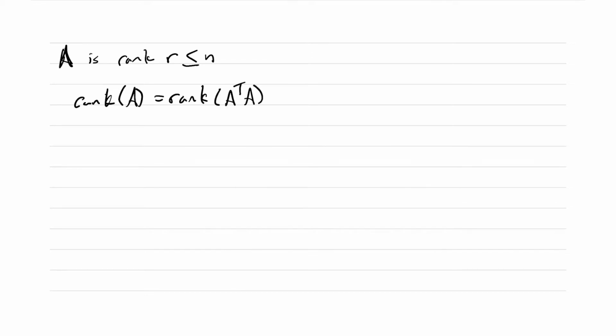First of all, we're going to say that A has rank r, which is less than or equal to n, and you can see that the rank of A is the same as the rank of A transpose A. This comes from the rank-nullity theorem, which basically says that the rank plus the nullity has to be equal to the dimension of the domain.